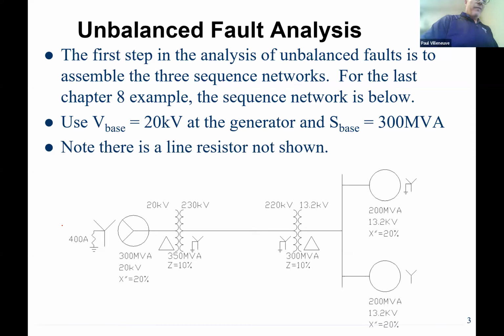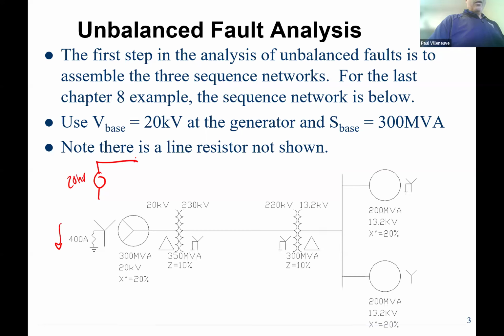Over here, if you have a solid ground fault, that resistor is going to limit the current out of that generator to 400 amps. So if I'm going to draw the diagram, I have my generator here. This is 20 kV.